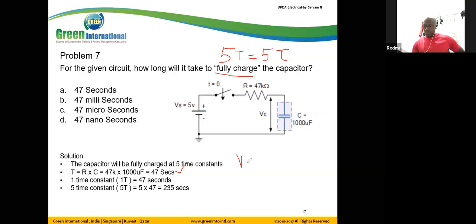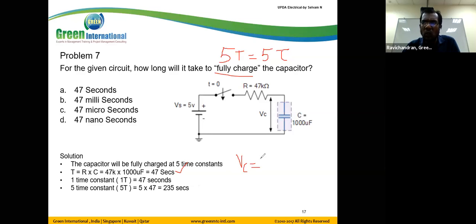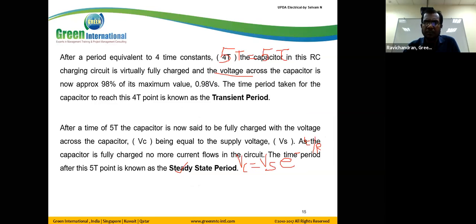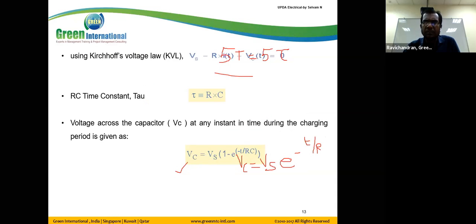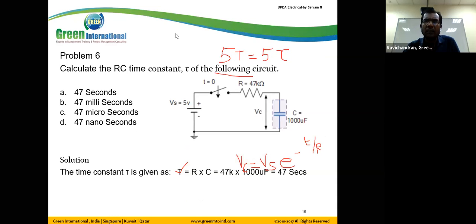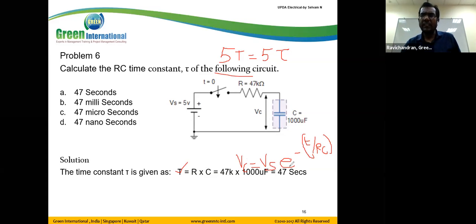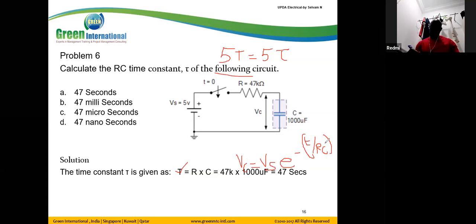Similarly, we can calculate VC, which is equal to VS e to the power of minus t by RC.